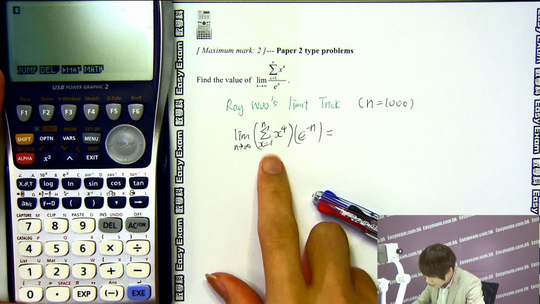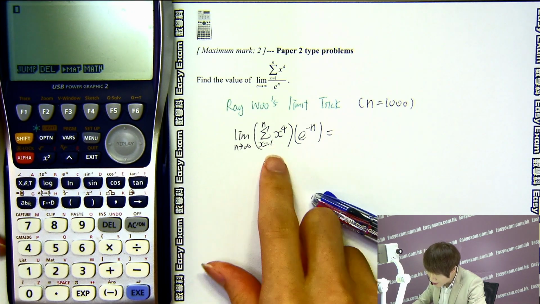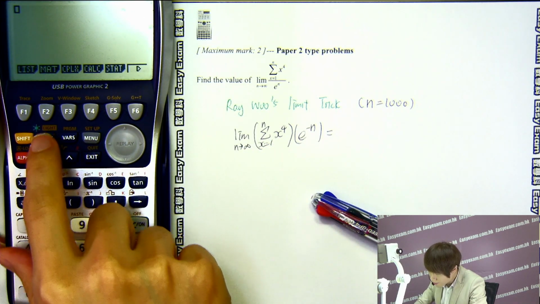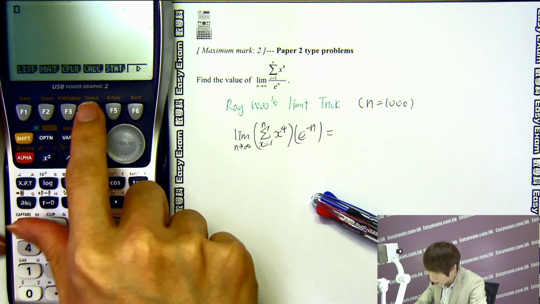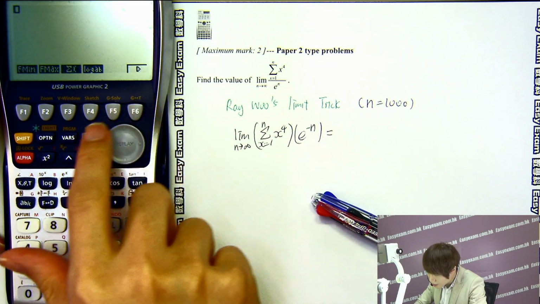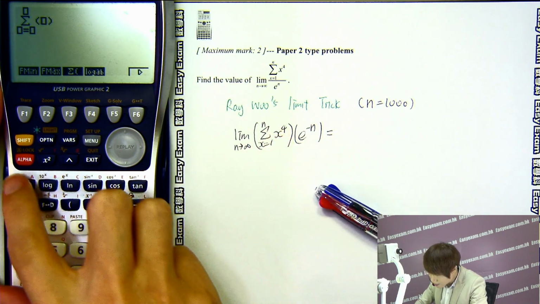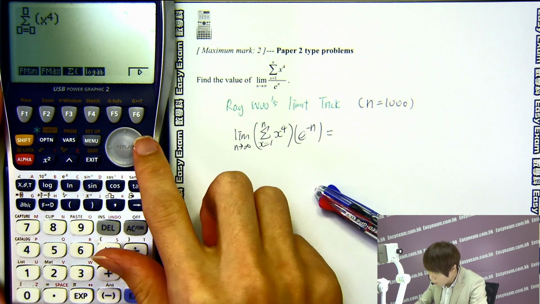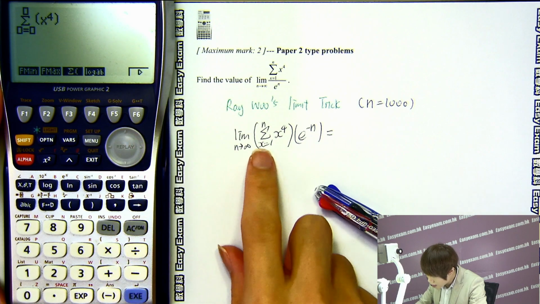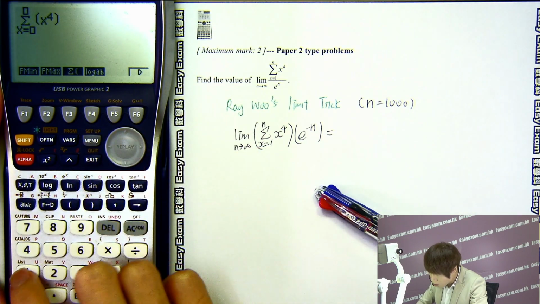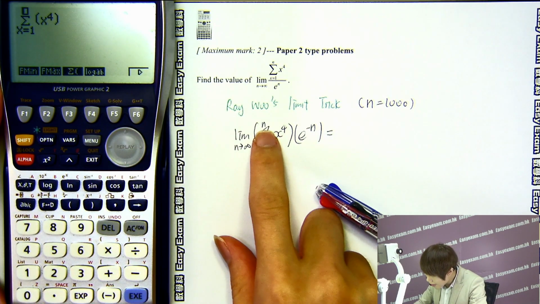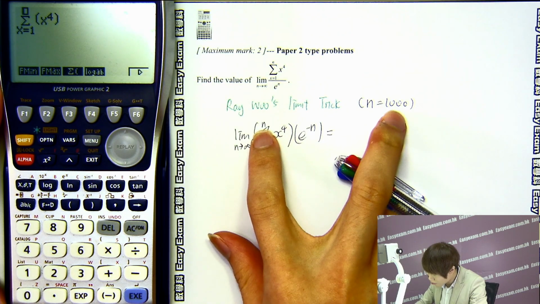So AC to start, and to type the summation, you can press Options, followed by F4 for calculation, and then F6 to continue, and now you see F3 for the summation. So X, and then the power key for 4, and then X equal to 1. And for the upper limit, I'm just substituting in 1,000, right?